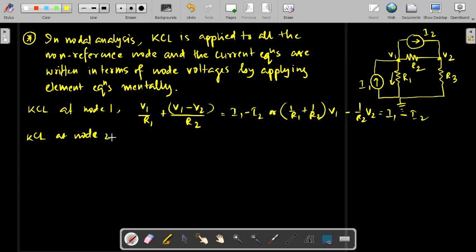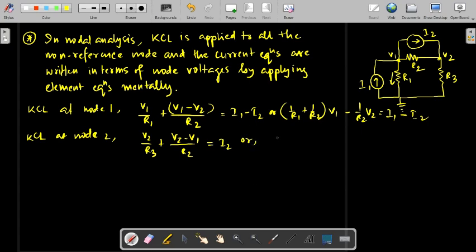At node 2 it will be V2 by R3 plus (V2 minus V1) by R2 equal to I2.